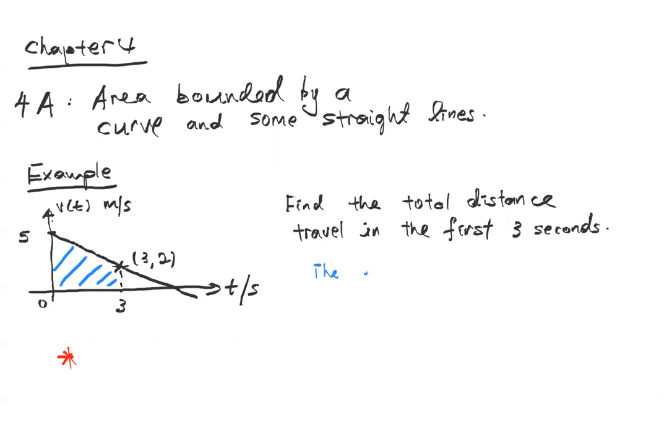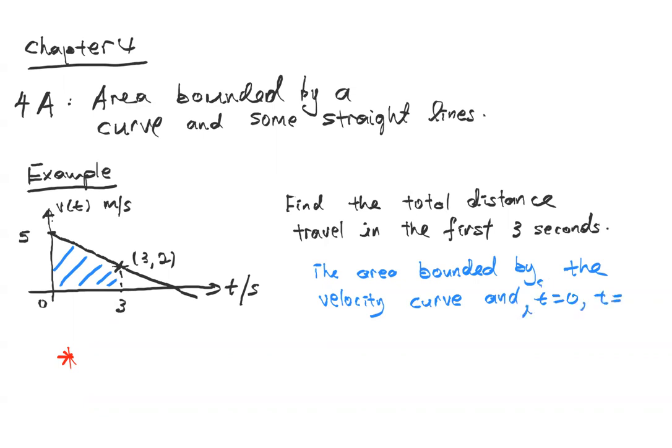The area bounded by the velocity curve and t equal to 0, t equal to 3, these are called the straight lines, and the t-axis represent the total displacement.